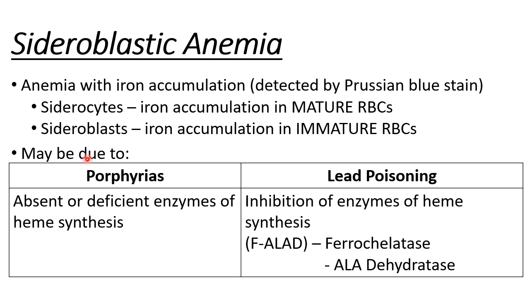Sideroblastic anemia, ang two major causes niyan are the following: Porphyrias and lead poisoning. Porphyrias is the umbrella term of defects in heme synthesis, lalong-lalo na dun sa mga enzyme incorporated in this pathway. So, ang lead poisoning naman, meron tayong inhibition. Okay? Present lahat ng enzymes, pero dahil sa lead toxicity, nagkakaroon ng inactivation of these enzymes.